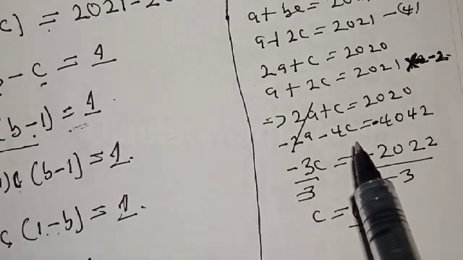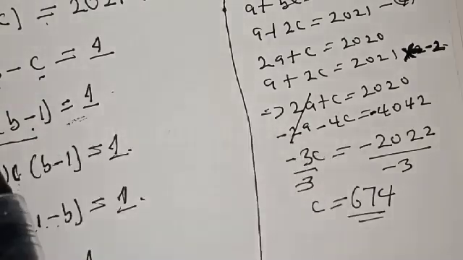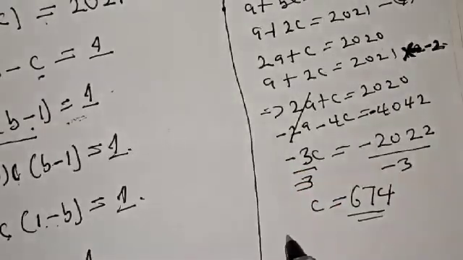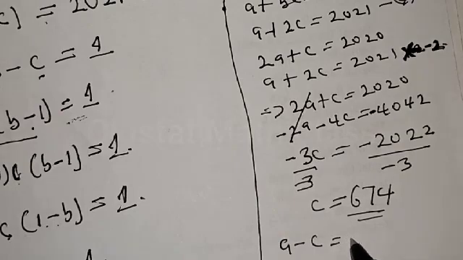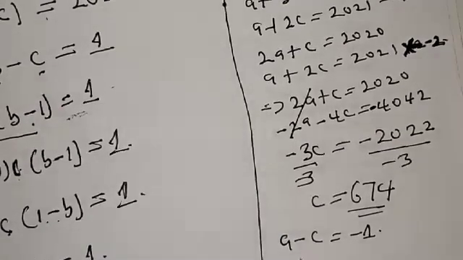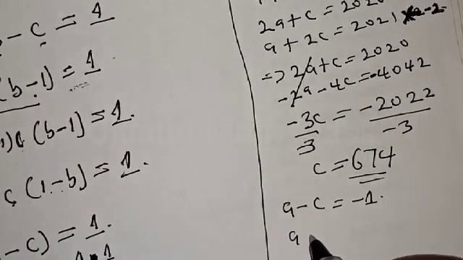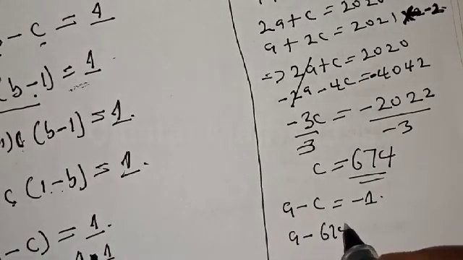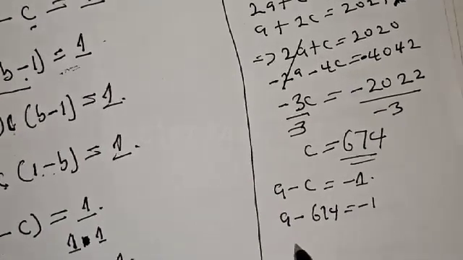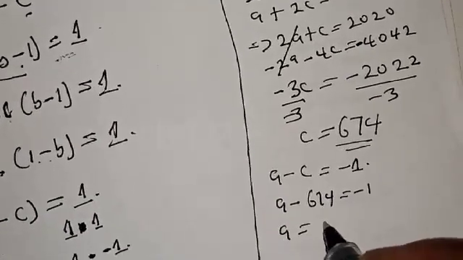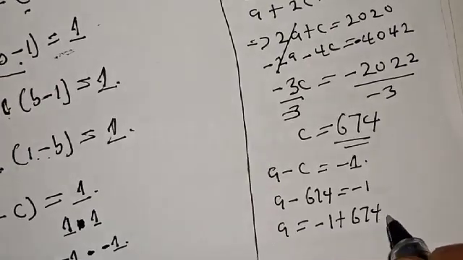Also, we've known the value of C to be 674, and we've known the value of B to be equal to 2. So we can substitute for C in A minus C equal to minus 1. Then we've known our C to be 674. We have A minus 674 to be equal to minus 1. Then A will be equal to minus 1 plus 674.